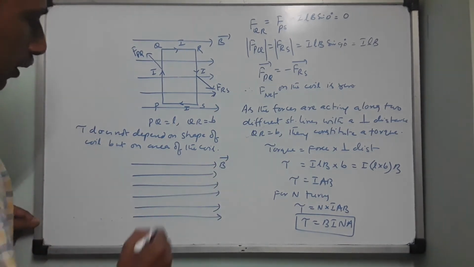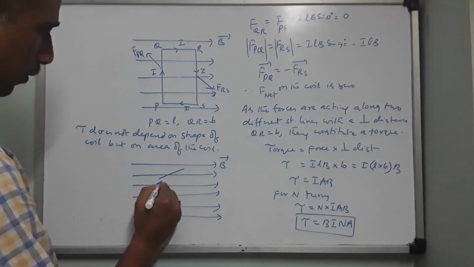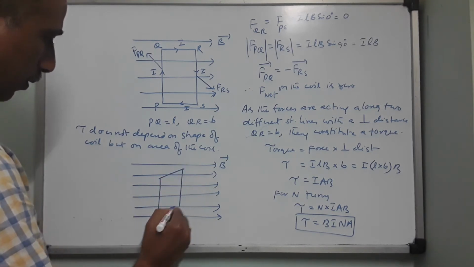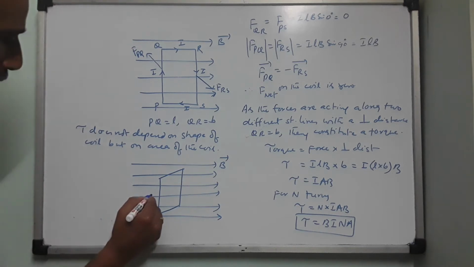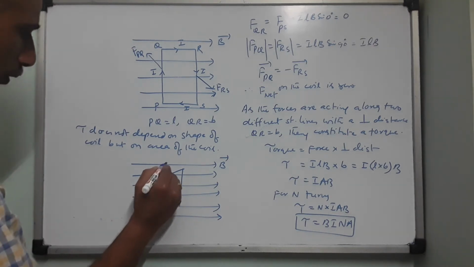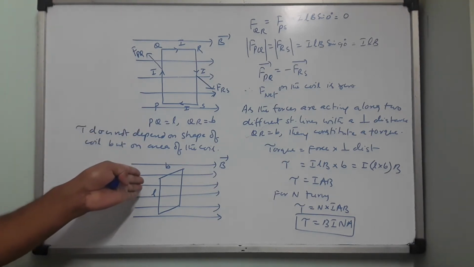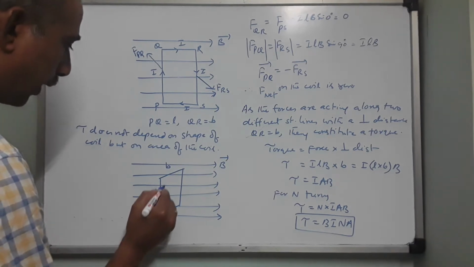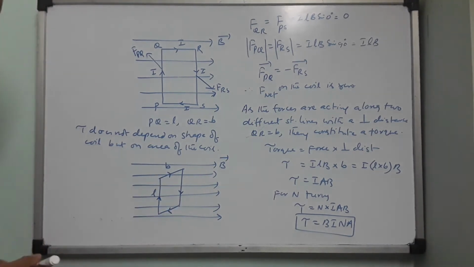Now the plane of the coil will be like this. So now this is the length of the coil and this is the breadth of the coil. Now FPQ will be acting normal into the plane of the board. FRS will be acting out of the plane of the board for this current. This is the current like this.